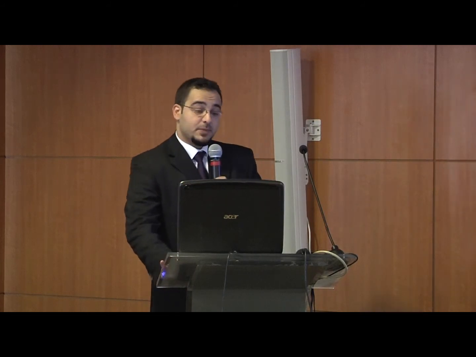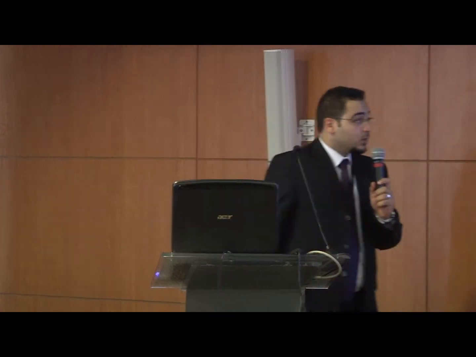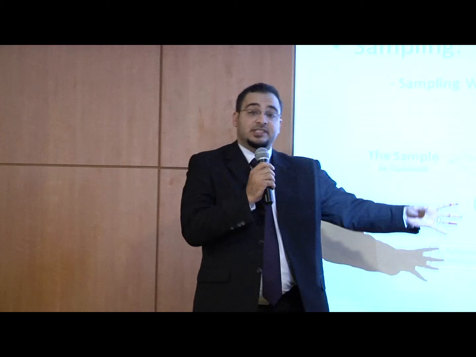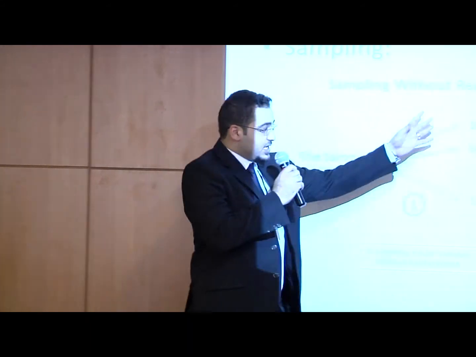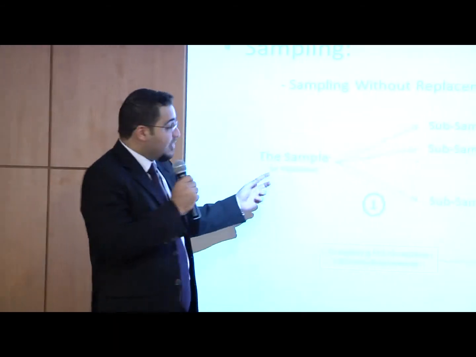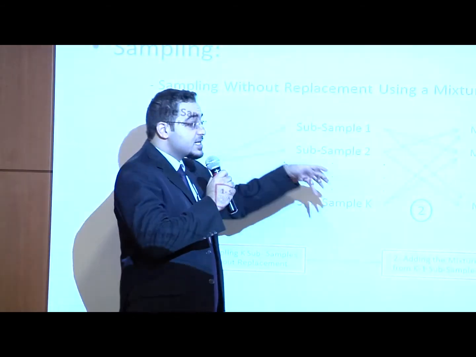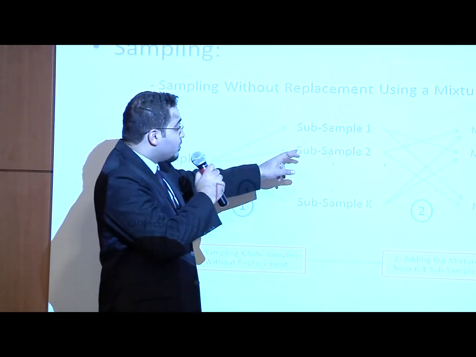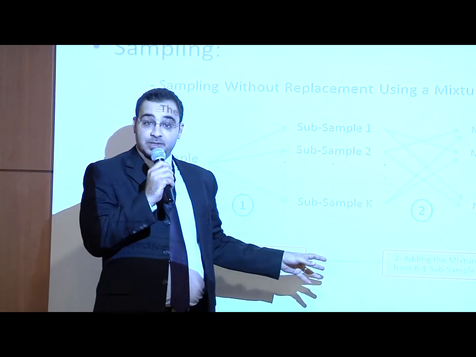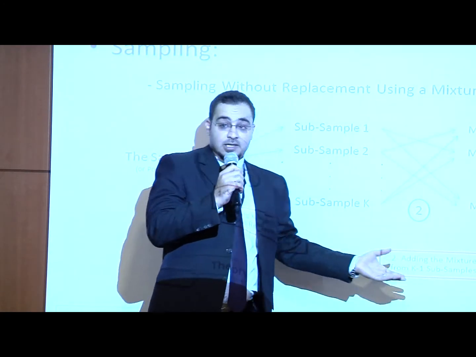So the first step in the ensemble is sampling. Our proposed sampling scheme is actually a 2-stage sampling, where the first stage is sampling without replacement from the original sample, and then we modify each of those subsamples by sampling without replacement from the other distinct subsamples into each of those modified samples.